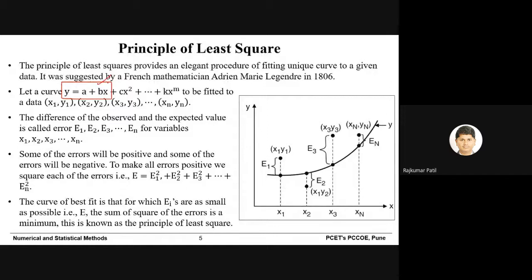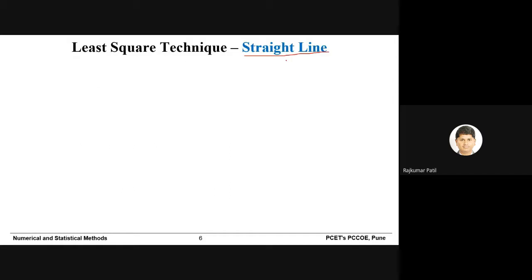If we take an additional term cx squared, then it will be a second degree parabola. So in this session we will be fitting a straight line y equal to a plus bx for the given data set.